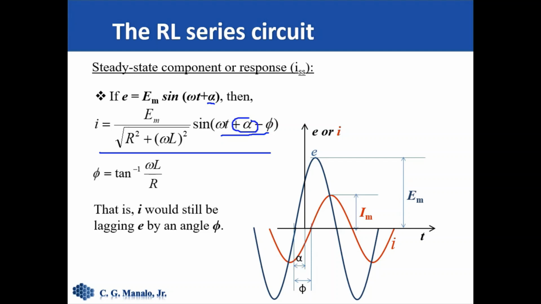Again, phi is still given by inverse tangent of omega L over R. And if we plot the steady state I against the source, it will still lag the source by the same angle phi given by this one.